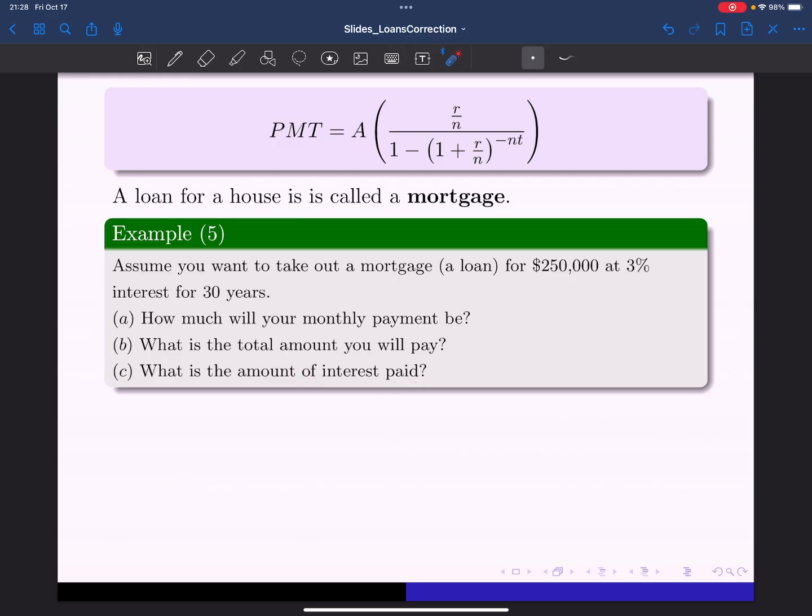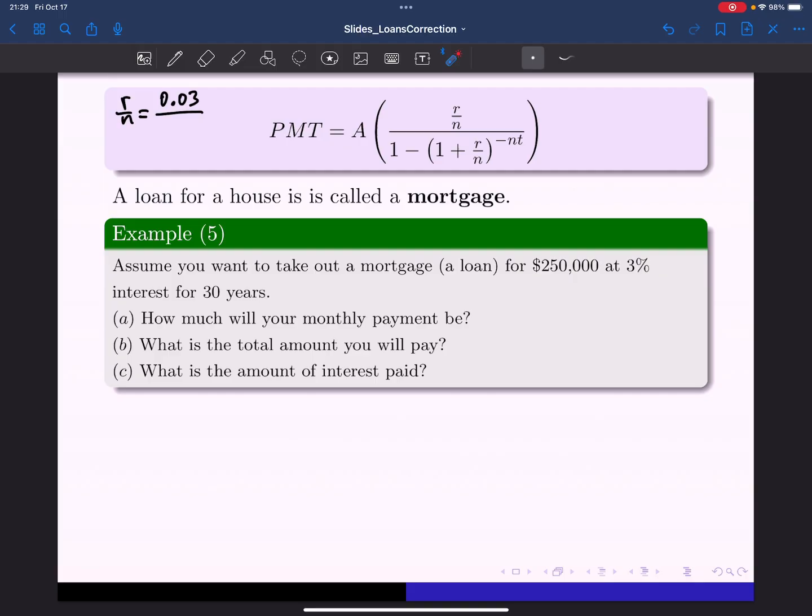For the monthly payment, we need to use this formula. Let's do it in parts. First, let's calculate R over N. R is the percentage, 3% in decimal is 0.03, divided by how many times the mortgage is calculated.